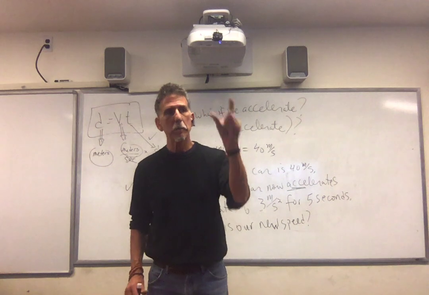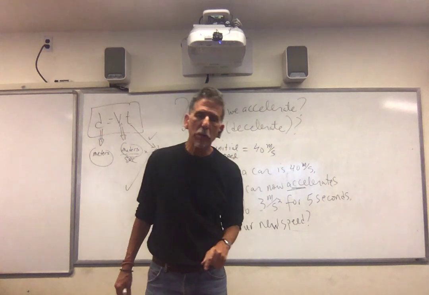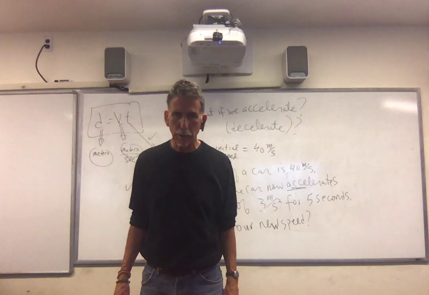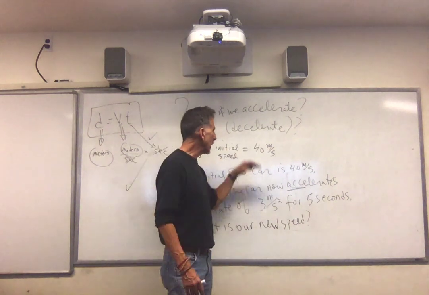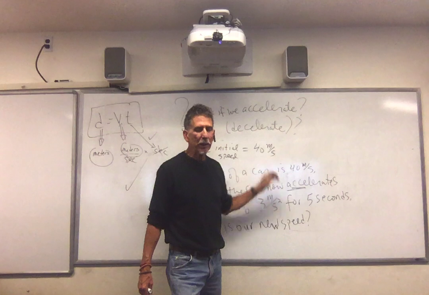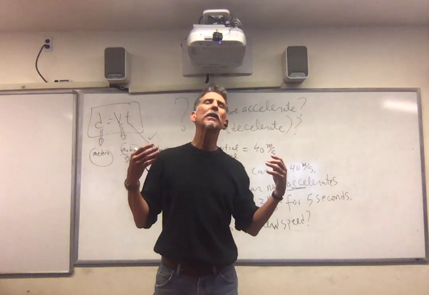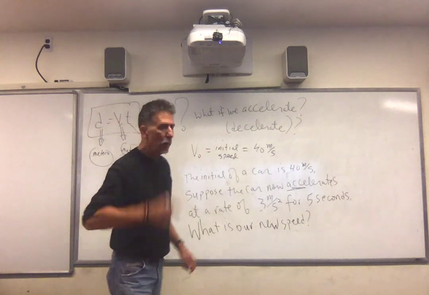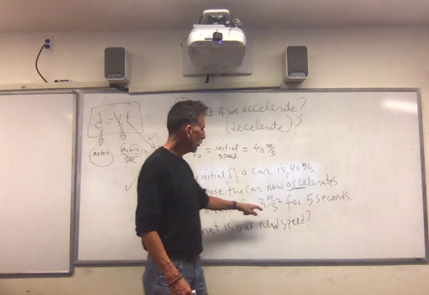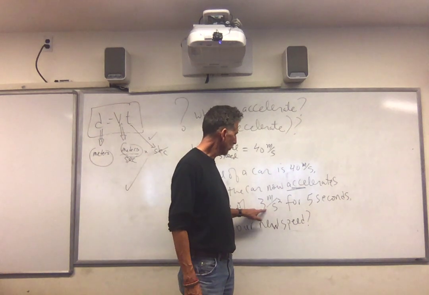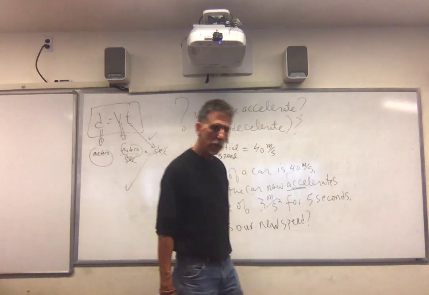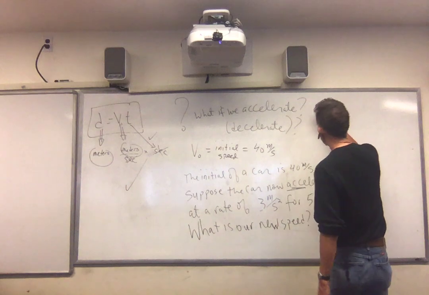So when you get an exam and there's two choices, one says 25 meters per second, the other one says 18 meters per second or something like that. The final answer cannot be less than 40 meters per second. Why? Because we're accelerating. It has to be greater. Now, watch this. 3 meters per second squared for 5 seconds. Watch what I'm going to do. I'm going to write this, right?